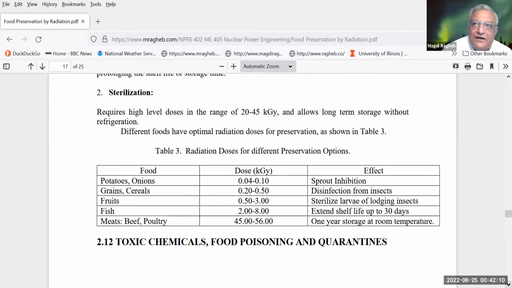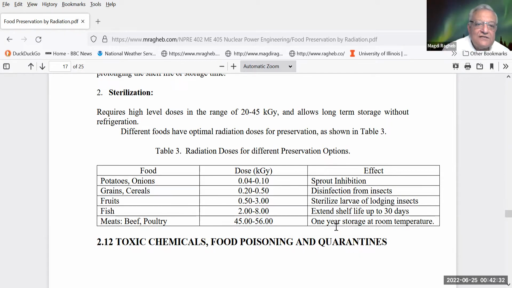You evacuate the air out of it, obviously, and then you irradiate it. That food, even meat, because it's sterilized and you have killed almost all the bacteria in it, you can store without refrigeration. I repeat again, without refrigeration for long periods of time.